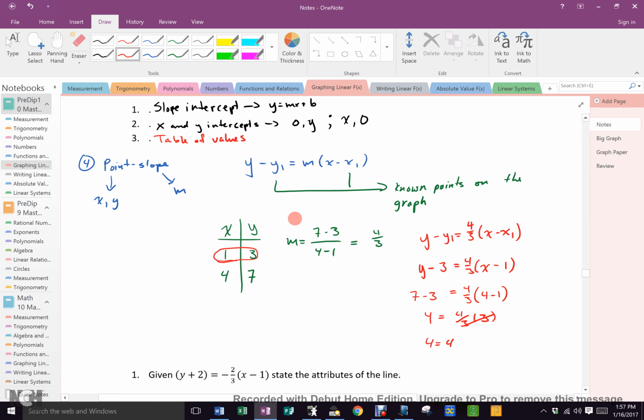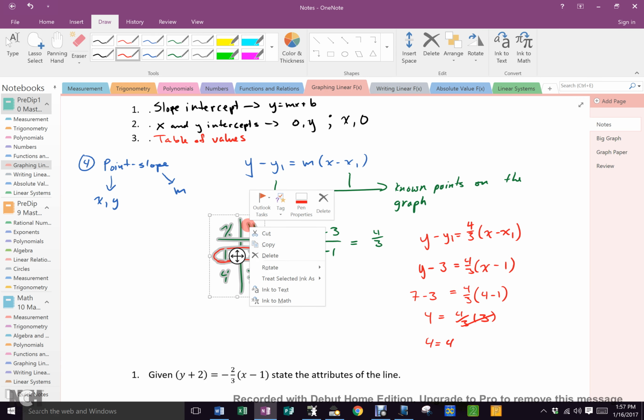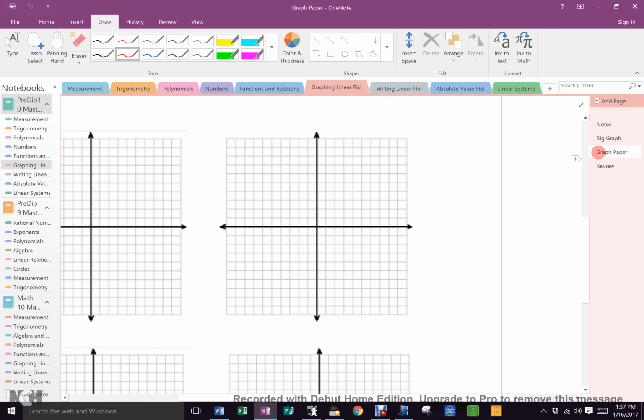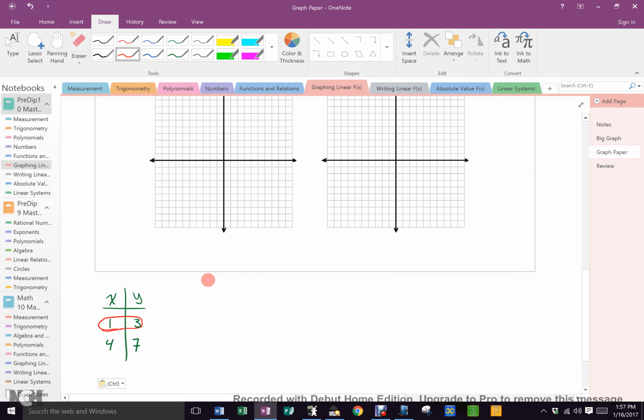Now, if I were to graph this thing, you're not going to be able to write this down. I'm going to show you. If I were to graph this, that was the point I had, yes? Or the points I had, right? 1, 3.